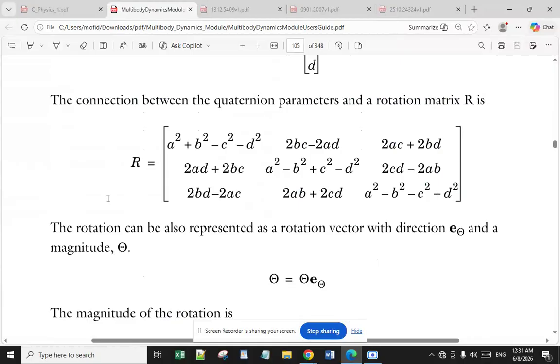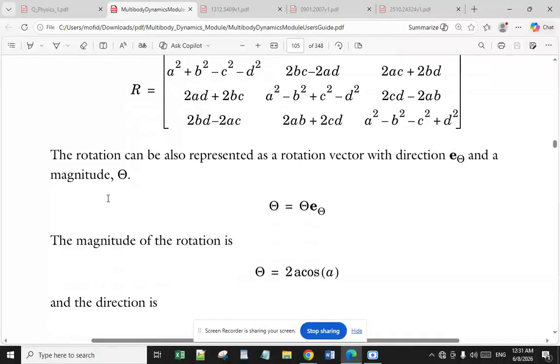The second row is 2ad plus 2bc, then a squared minus b squared plus c squared minus d squared, then 2cd minus 2ab. The third row is 2bd minus 2ac, then 2ab plus 2cd, then a squared minus b squared minus c squared plus d squared.